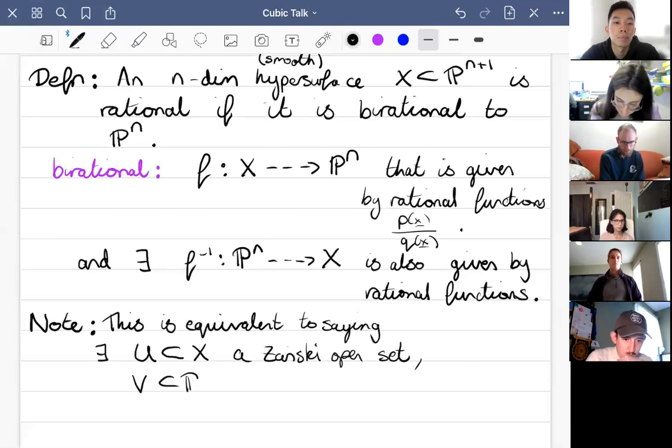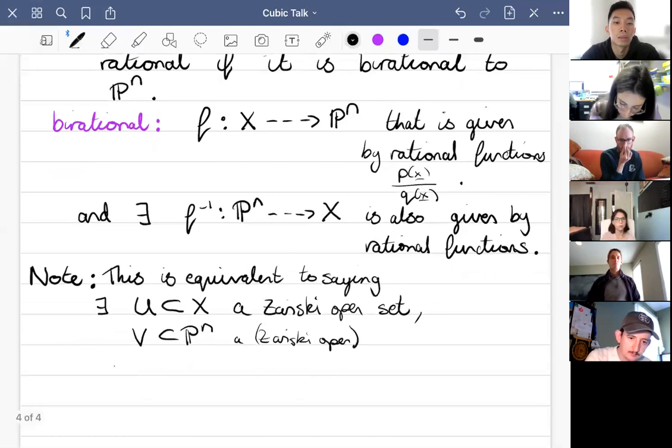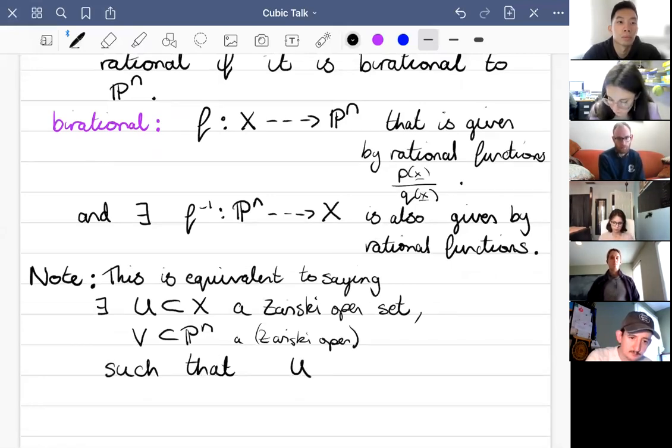And an open set of Pn, again, a Zariski open set, such that U is isomorphic to V.